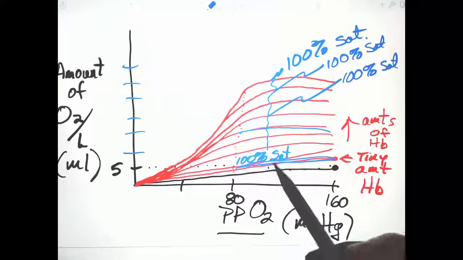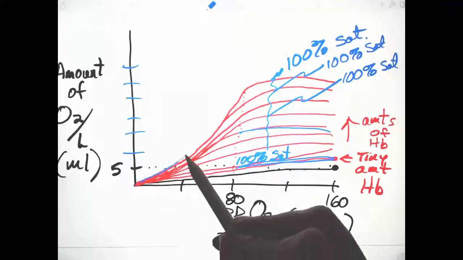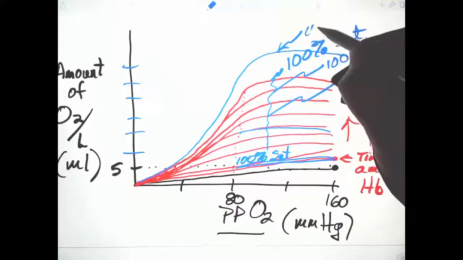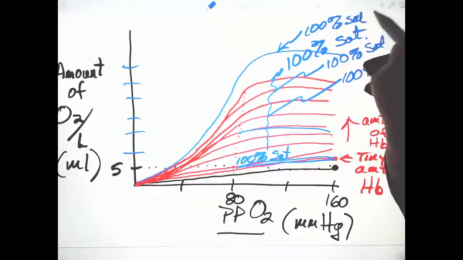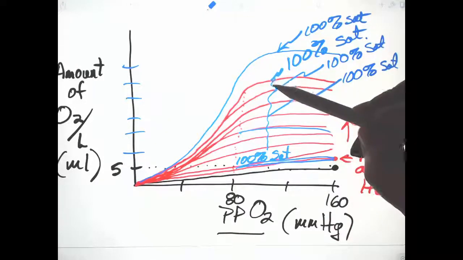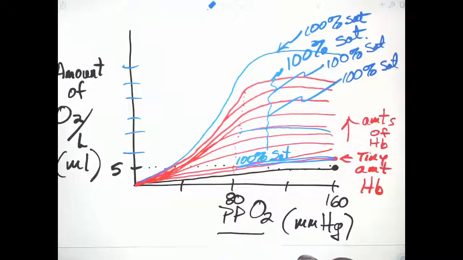But that person living at high elevation will have more hemoglobin and therefore would have a higher total, still 100% saturation. Animals that move from lower to higher elevation have the same curve, but as they move to that higher elevation, they produce more hemoglobin and have more total content of oxygen per milliliter of blood.